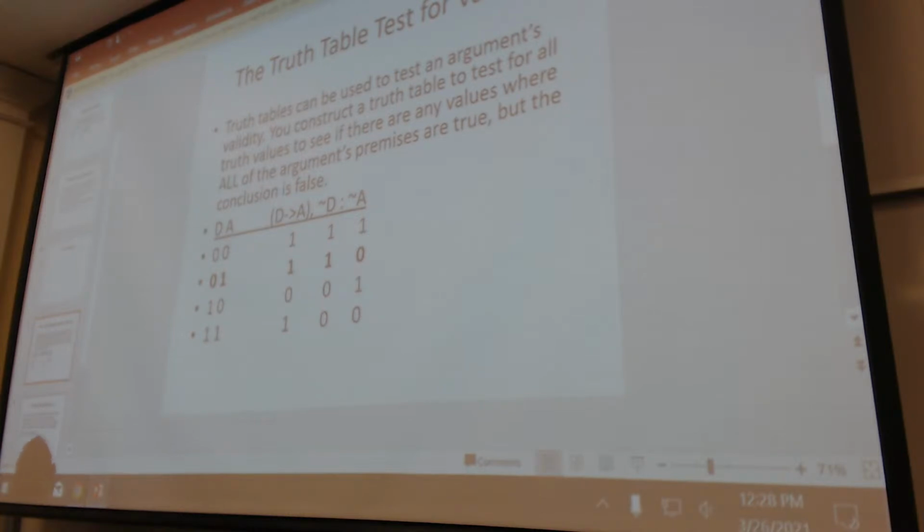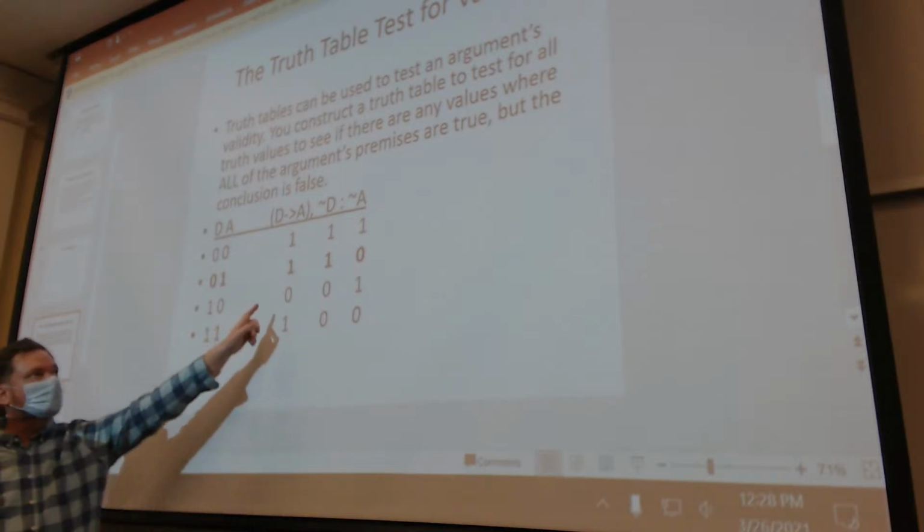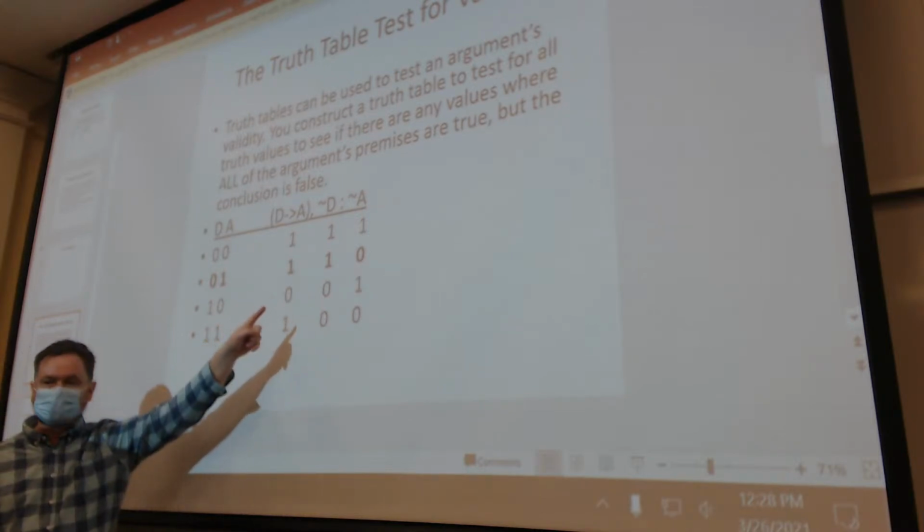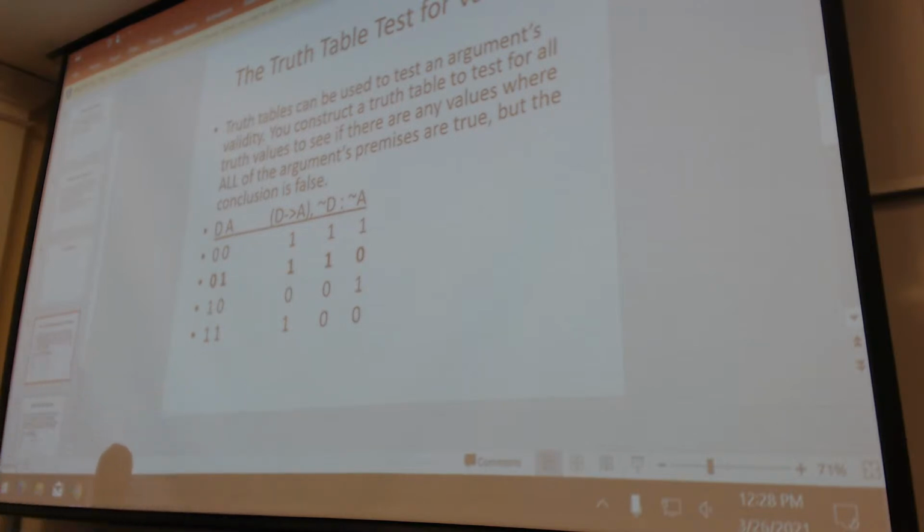So when you see that pattern where you have a series of ones for the truth value of the premises, and then you have a 0 for the conclusion, you then have an invalid argument. If I were to say this argument in English, you would understand it would sound obviously wrong.